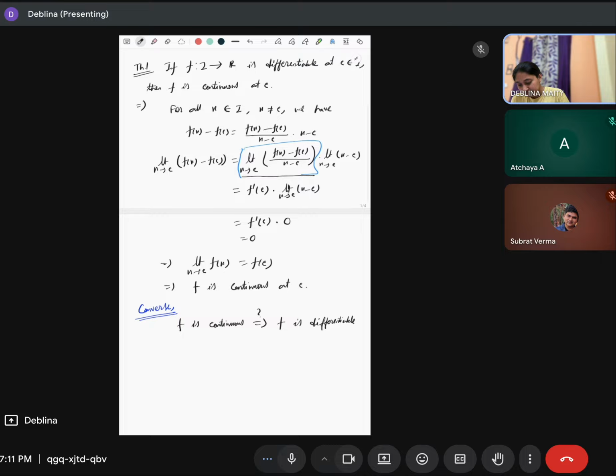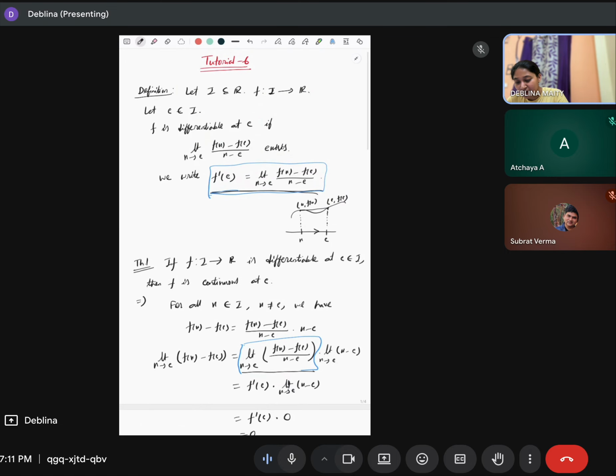The first one is where there are corners. f dash c is the slope of the tangent at the point c in the graph. If the graph has a corner point, then there is no tangent at that point, so it is not differentiable there, but it is continuous.